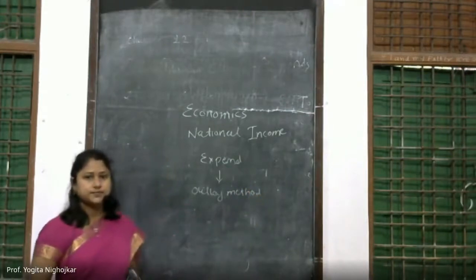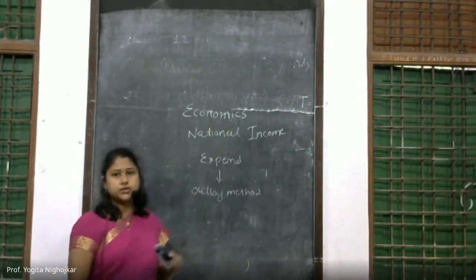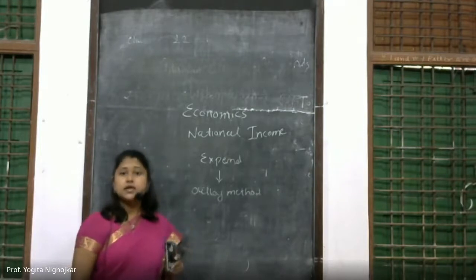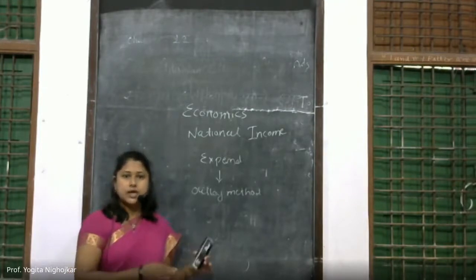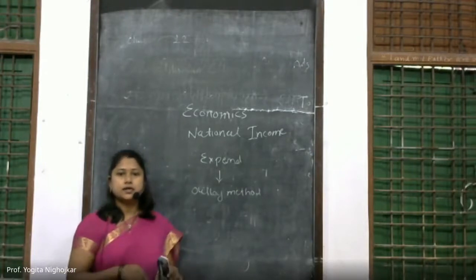Outlay method. According to this method, the total expenditure incurred by the society in a particular year is added together.